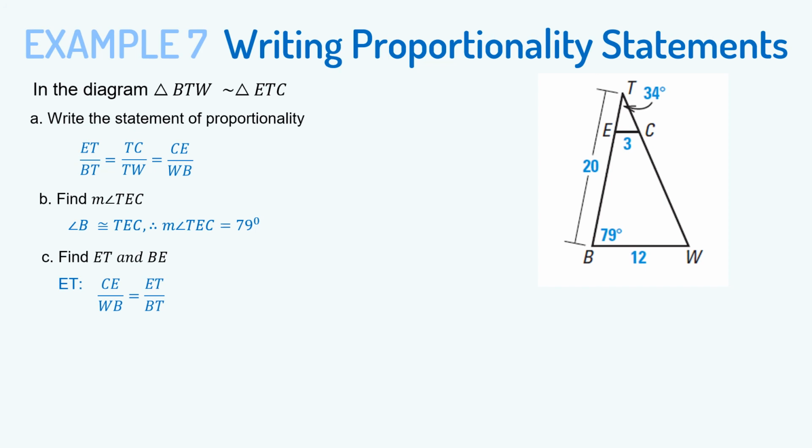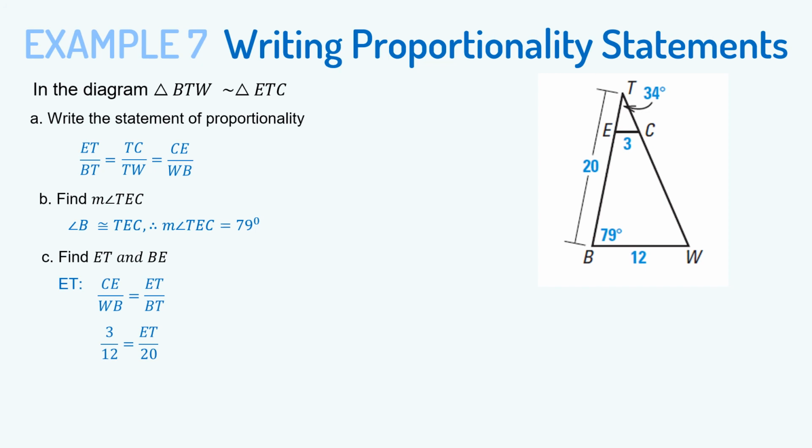So I see that the ratio of the corresponding sides CE and WB, I can use those because I know both values, must be equal to the ratio that contains the information that we need to find, ET. And the side ET corresponds to BT in the triangles that we have here.